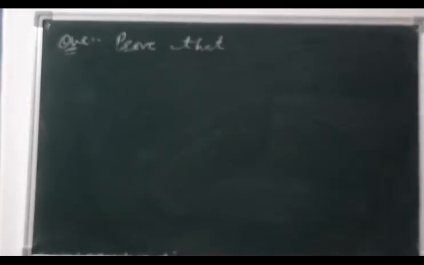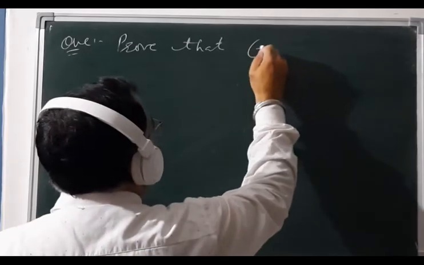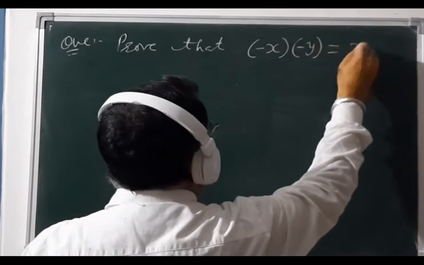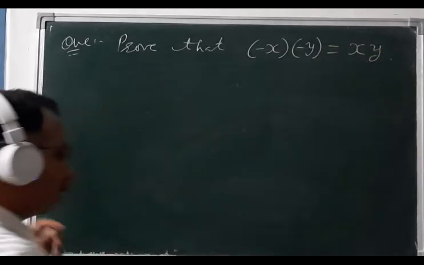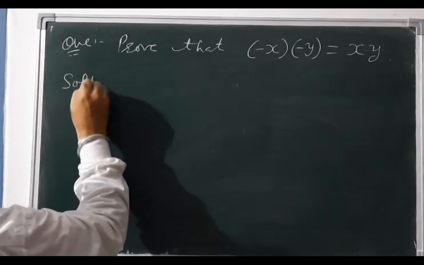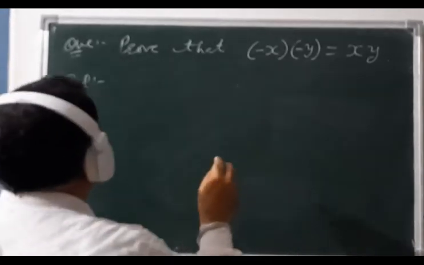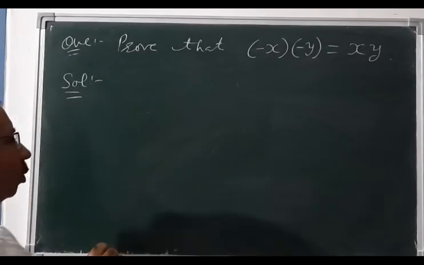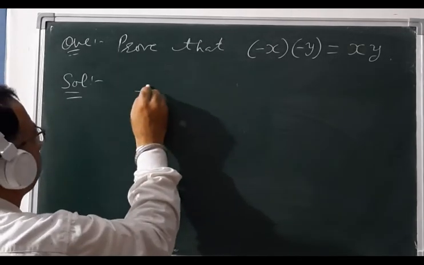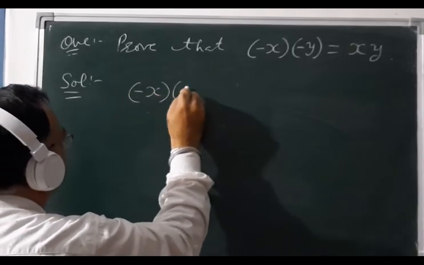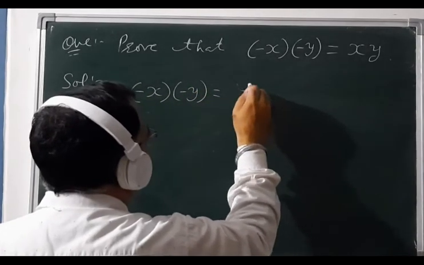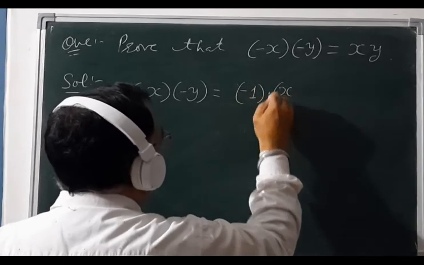Now, the next result we shall prove is that minus x into minus y is equal to xy for any real numbers x and y. We shall use the results which we have just proved. So minus x into minus y, I can write it as, this minus x can be written as minus 1 times x.